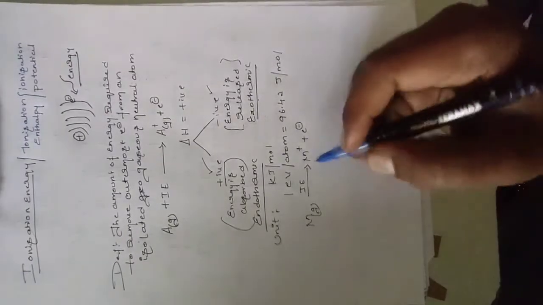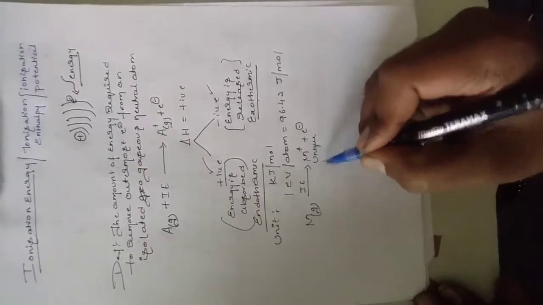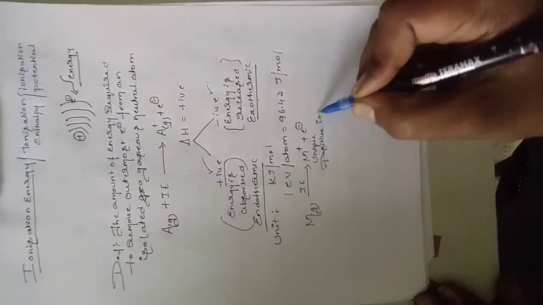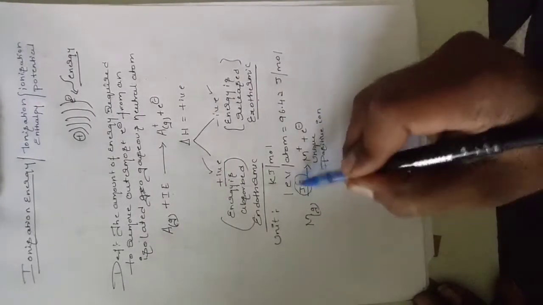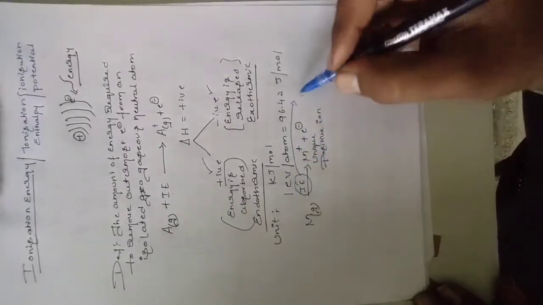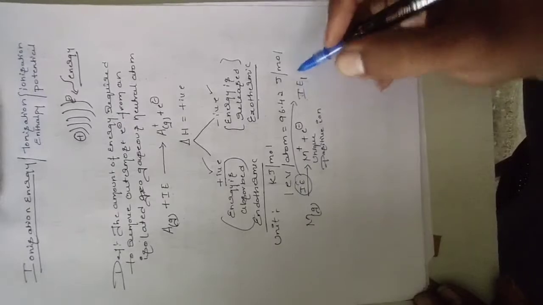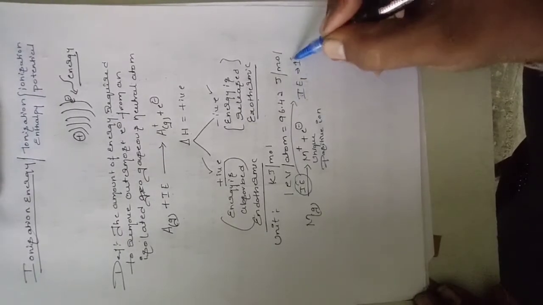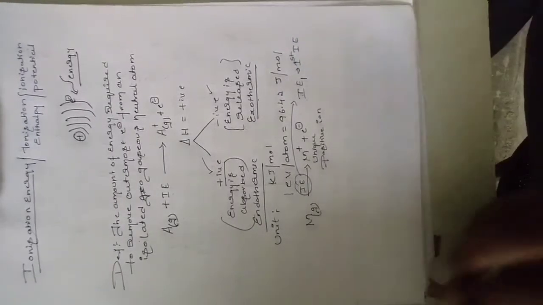We call it a unipositive ion. This ionization energy we call E1, because it is the first ionization energy.